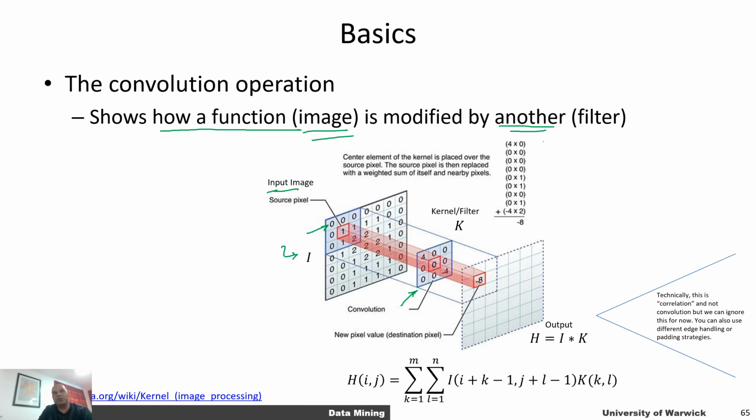Let's say the filter has a certain shape or certain pixel values, say we've got 4 over here, and another here that is minus 4. Then the convolution, more precisely the correlation, of this kernel with the input image is defined as follows.